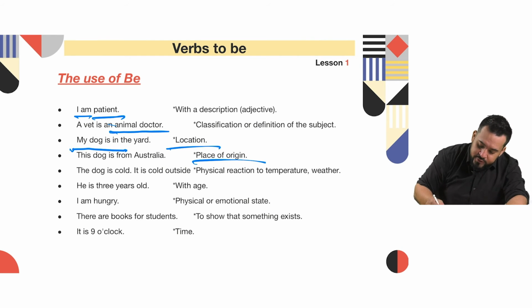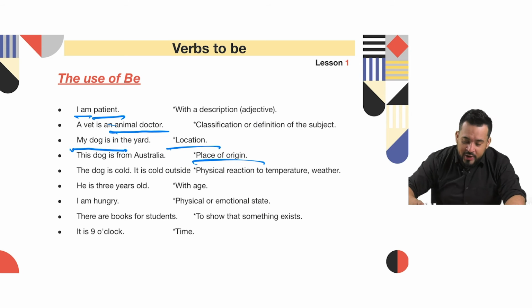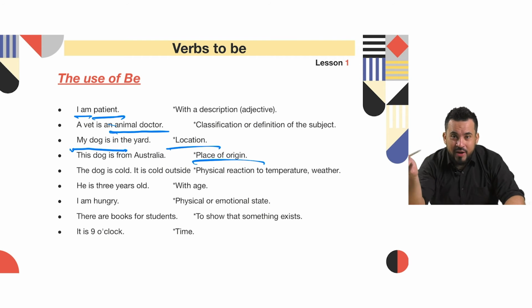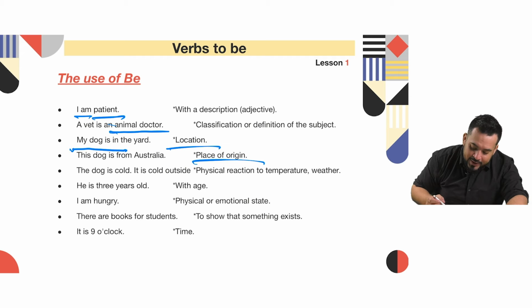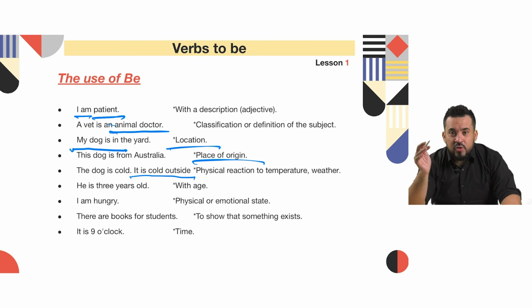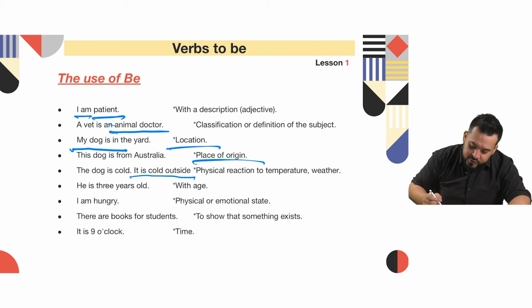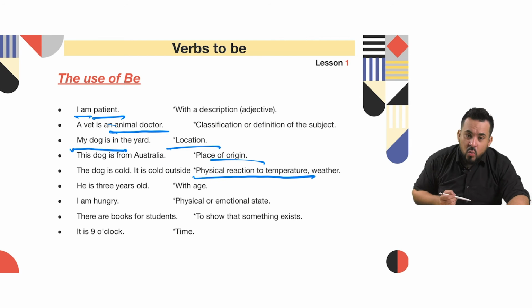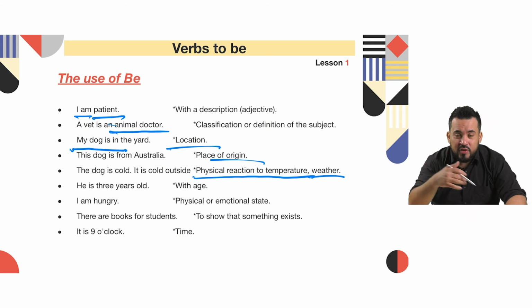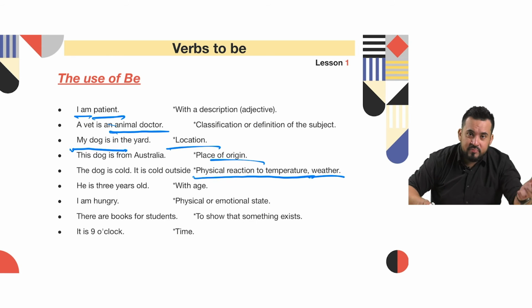Place of origin. The dog is cold. It's cold outside. Physical reaction to temperature. We always use verb to be to describe physical reaction to temperature. Weather. That's what temperature is. It means the weather. Cold, hot, warm, humid.